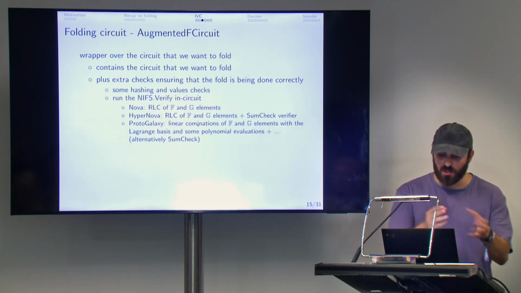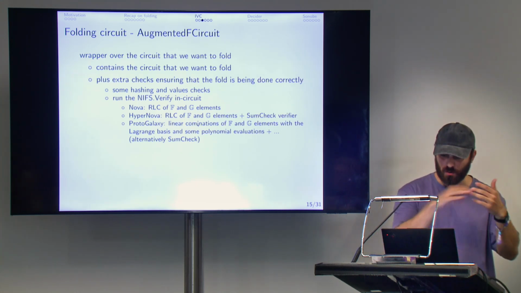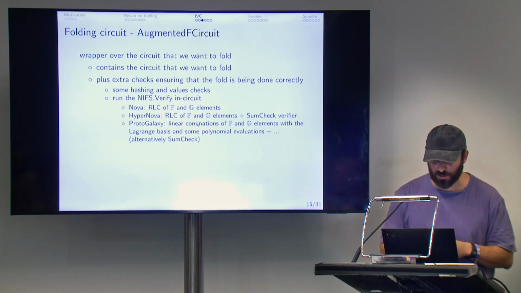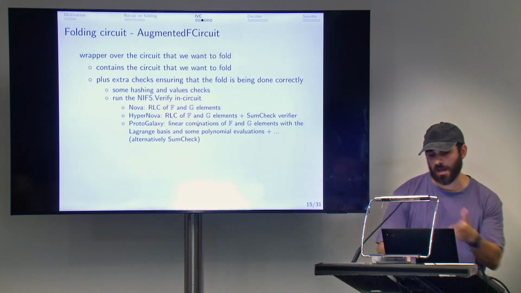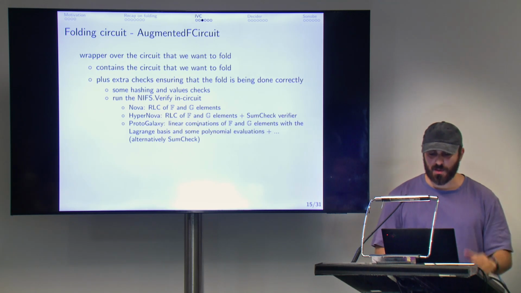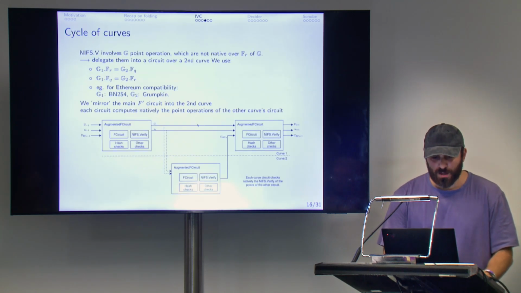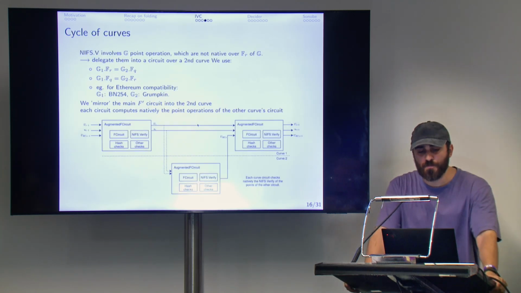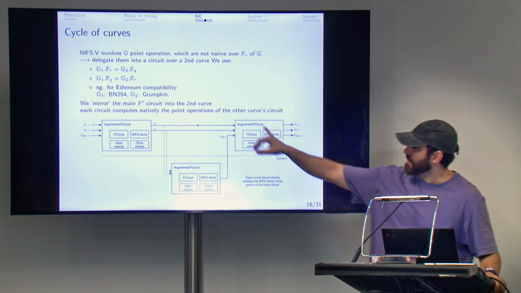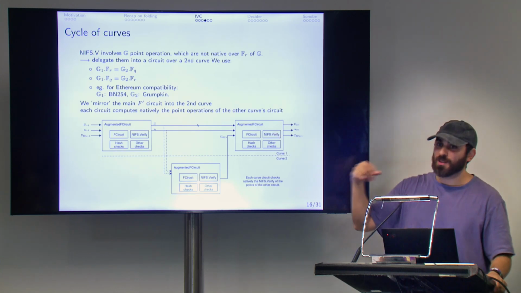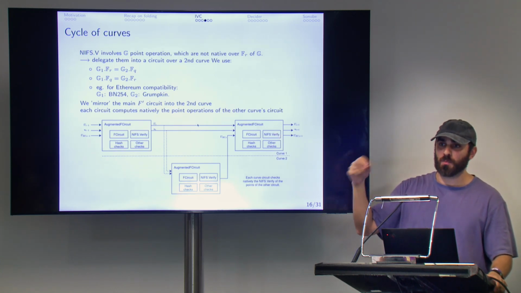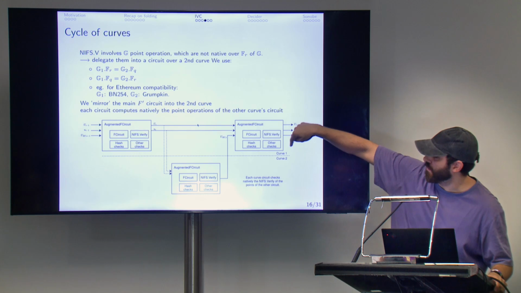In HyperNova, we also have this, plus the sum check verifier, where the expensive part is the hashing that you need for the transcript of the sum check. And then ProtoGalaxy is similar, but also with the Lagrange bases involved and so on. The issue here is that we need to run this circuit over the first curve, and this NIFS verify needs to do the random linear combination of some points of this elliptic curve 1.